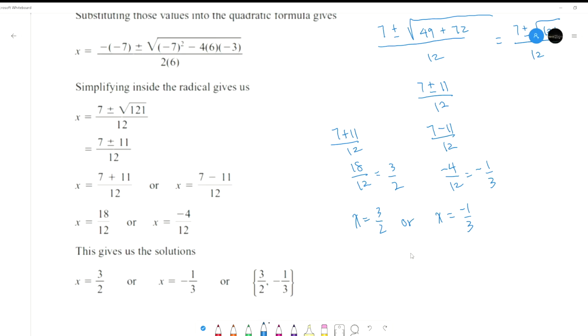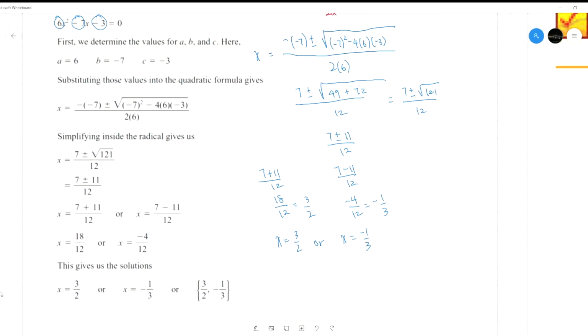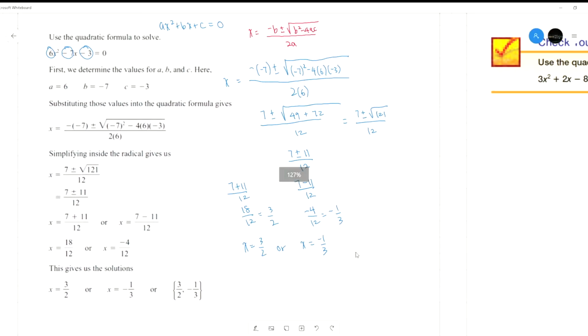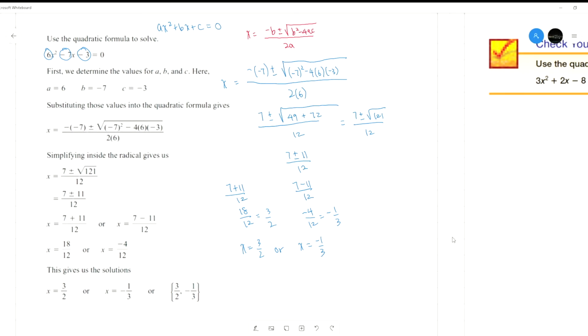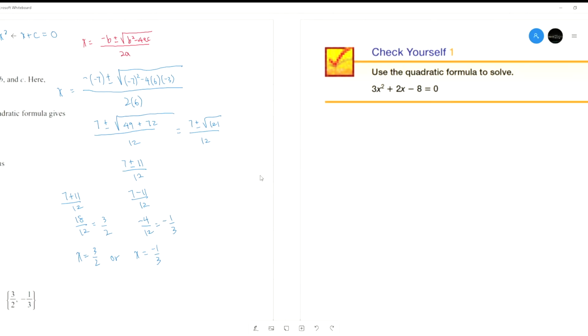This is perfectly fine. Okay, that was our first problem with the quadratic formula. If that made sense to you, I would like for you to try this next one. I'll leave it up on the left-hand side so you can refer back to it. Make sure it's set equal to 0 first, identify your a, b, and c, and then plug into the quadratic formula.